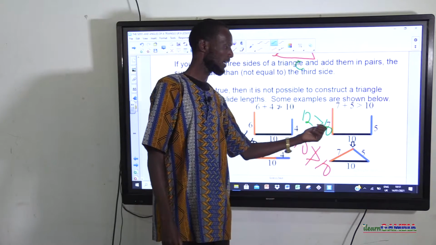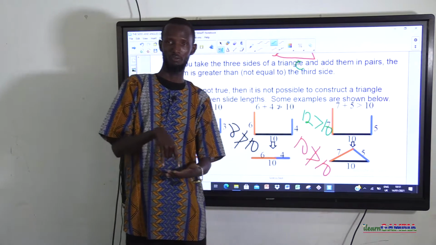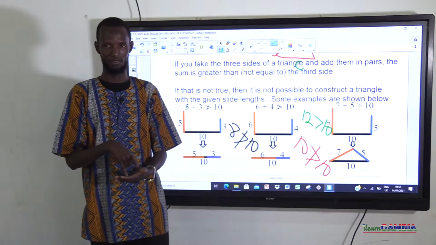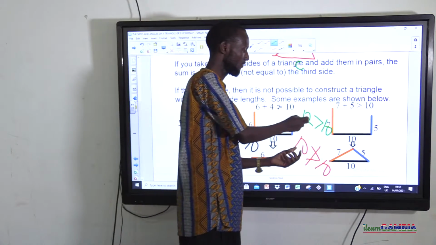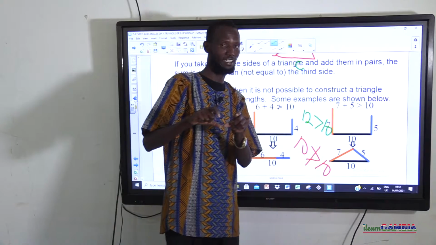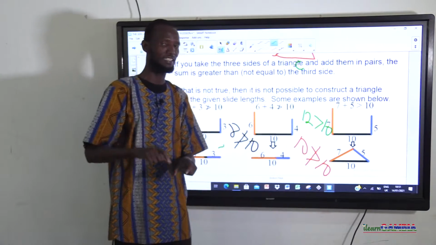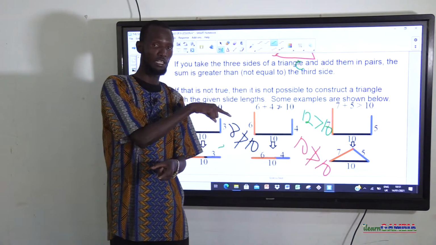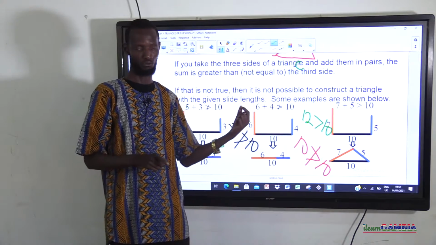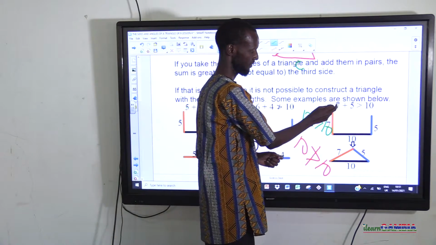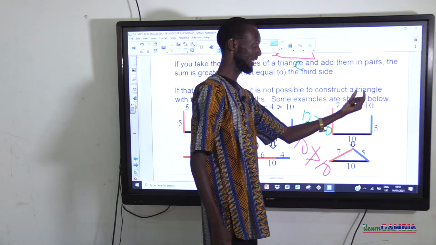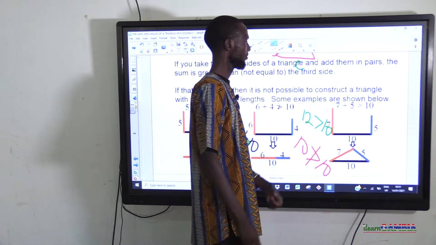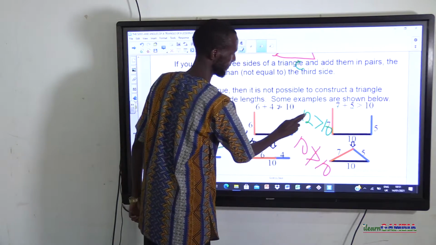But now that one has worked, to be really sure, we must go through all the other possibilities. All right? Because remember, all of them should work. So if we have added two of the sides and we get an answer which is greater than the third side, now let's add two other different sides and see if this still holds. So we have added 7 and 5, and we got 12. And 12 was greater than our third side, which was 10. So now let's see if we switch this now.